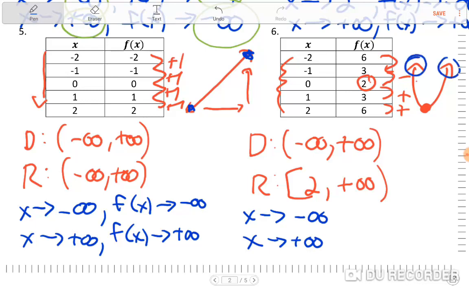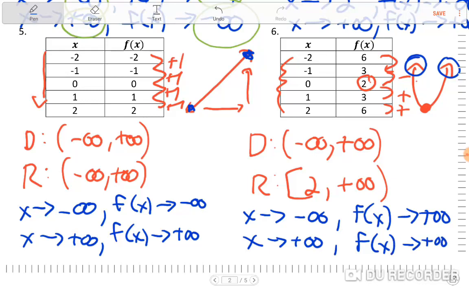So here you just got to pay attention to the arrows. Since both arrows are going up, whether we're going left or right, you got to make sure that the y's, oops, I wrote that wrong. Let's rewrite that better. F of x is going to go to positive infinity. F of x is going to go to positive infinity. And that's because we had a turning point. We turned around.